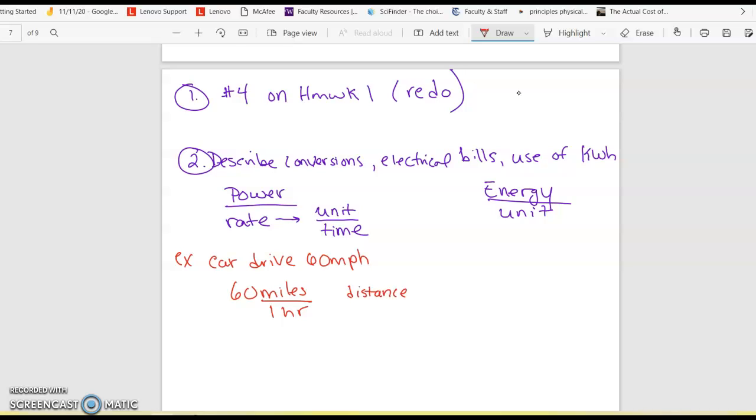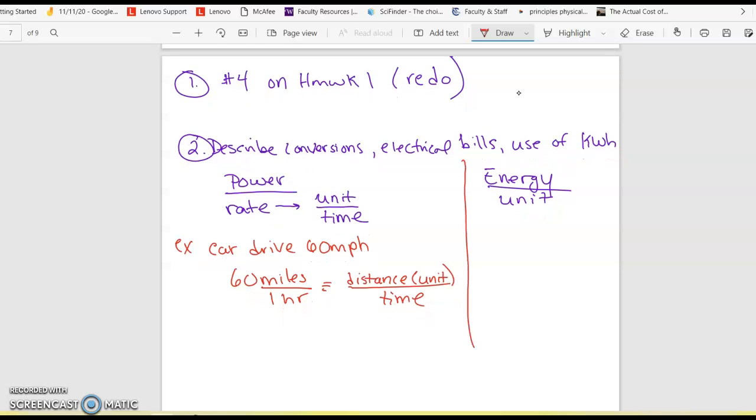It can be any unit, whatever you care about, divided by a time in hours. Therefore, this is the idea of a rate. But if you're driving 60 miles per hour, I have no idea how far you actually drove unless you tell me the overall time.